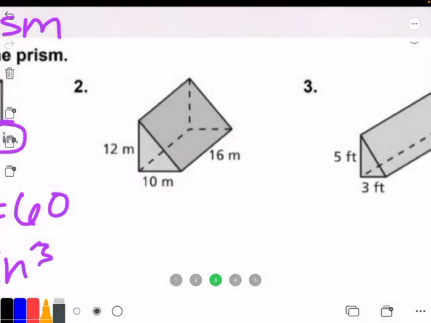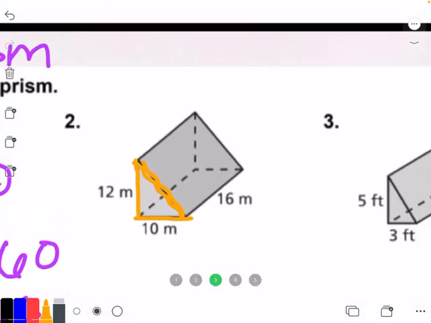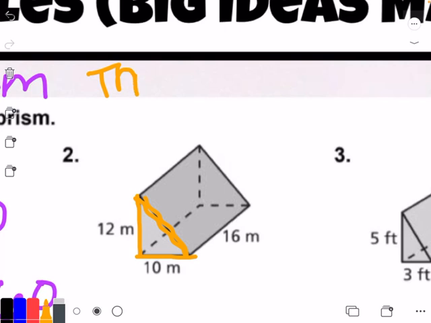For number 2, we have this triangle here, and we have 12, 10, 16. I'm going to find my triangle shape first. And I found it right here. I'm going to write that this is a triangular prism.